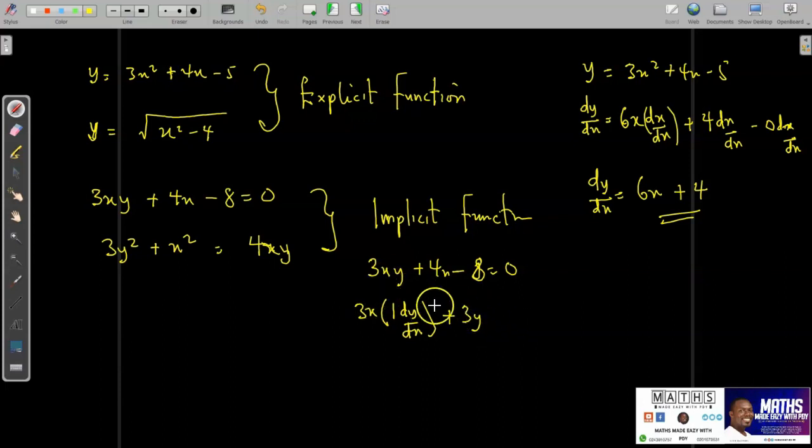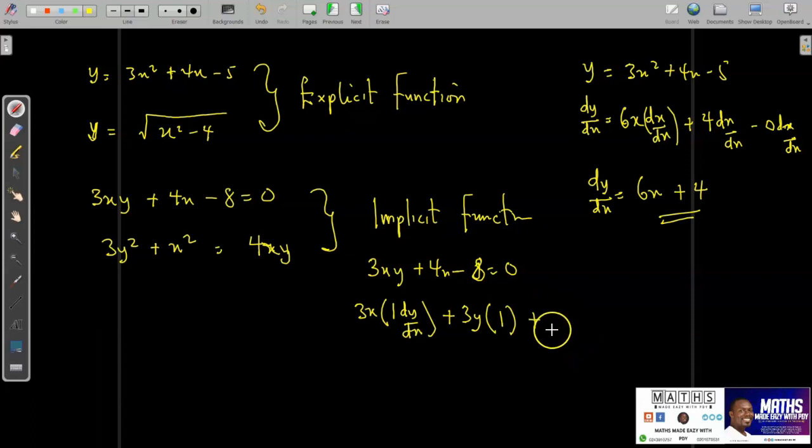So when you differentiate x which is left over there, what will you obtain? 1. Okay, so you obtain 1 dx, which is the same as 1. So we are done differentiating the 3xy. Then we go ahead to further differentiate the other terms. When you differentiate 4x, what do you obtain?